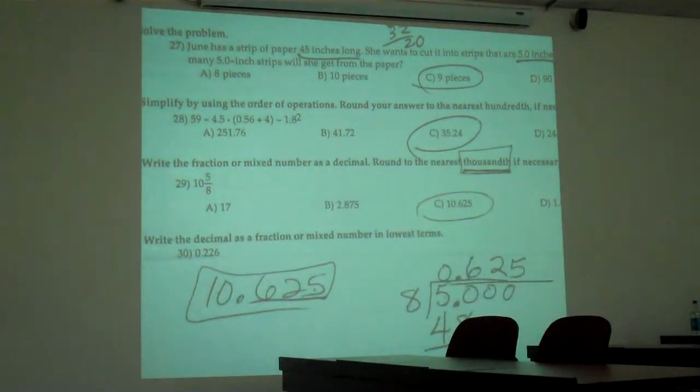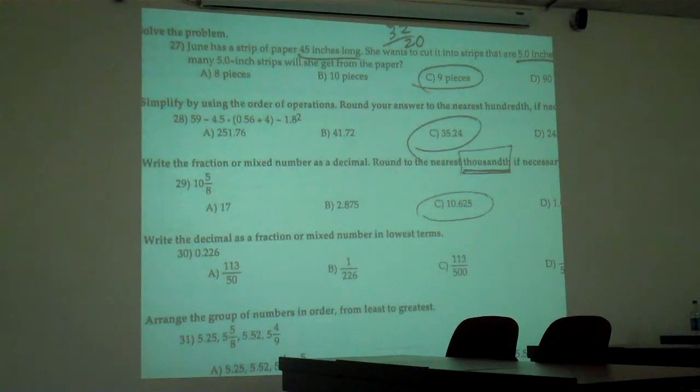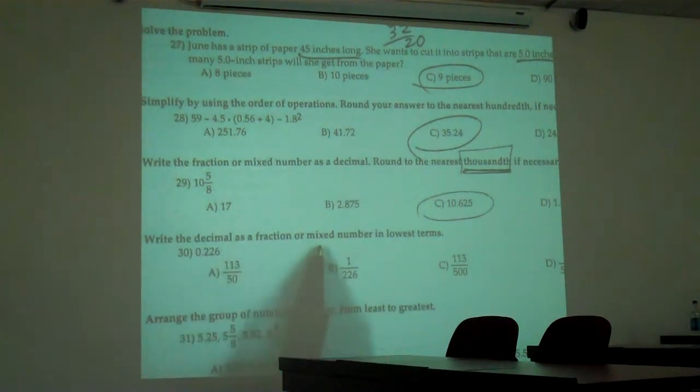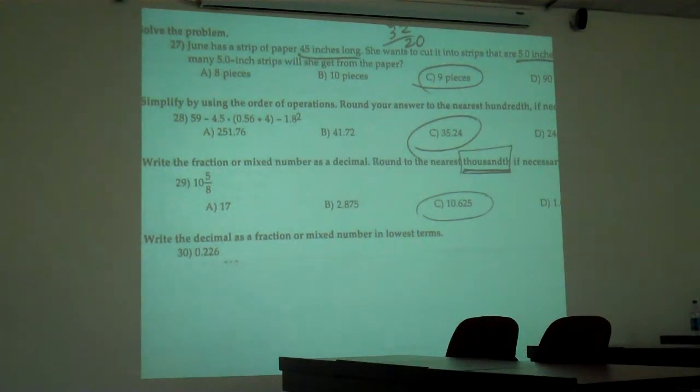10.625. Okay, write a decimal as a fraction or a mixed number in lowest terms. Okay, so 10 and 625 thousandths, right. And then reduce that.